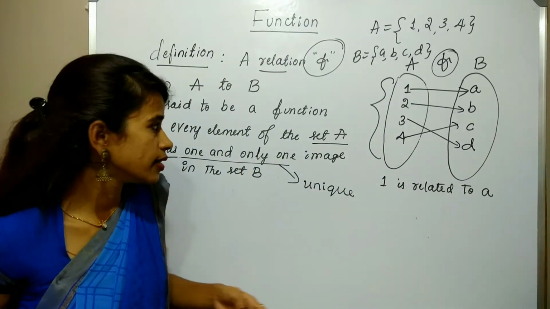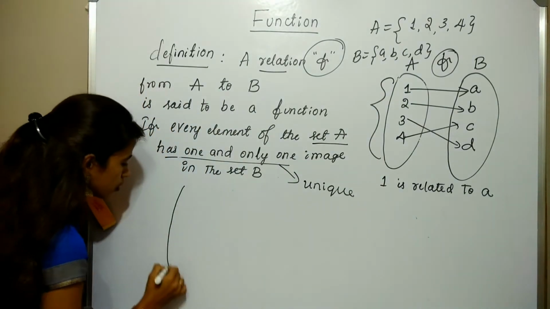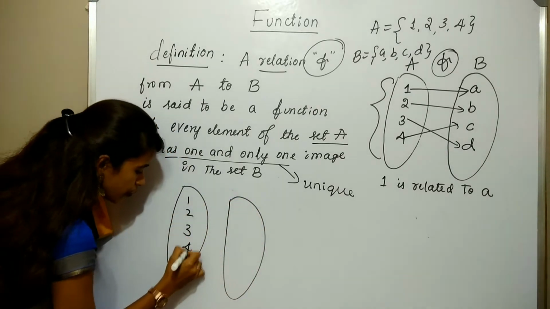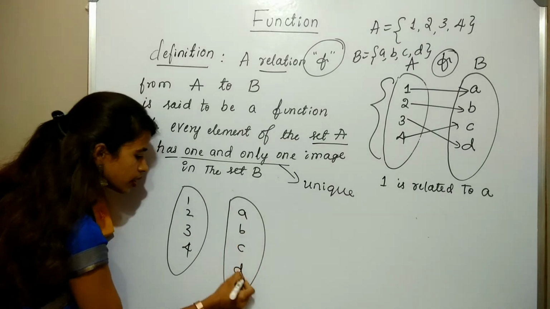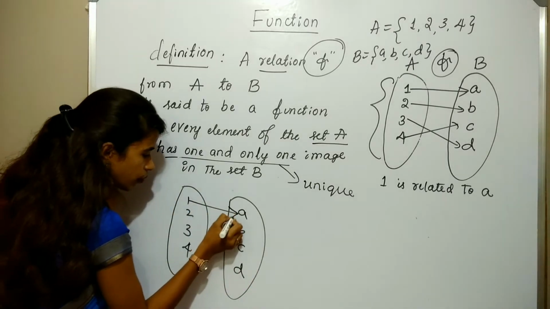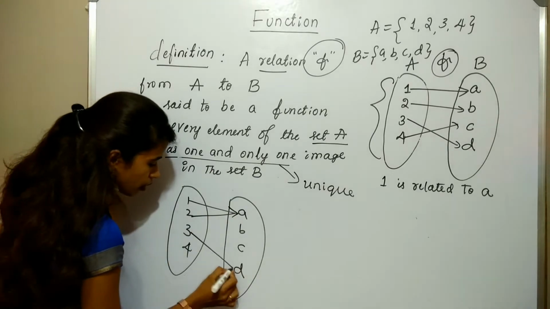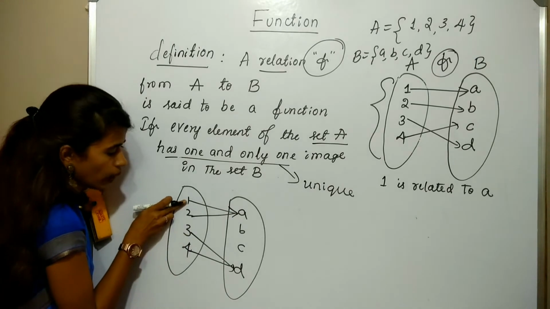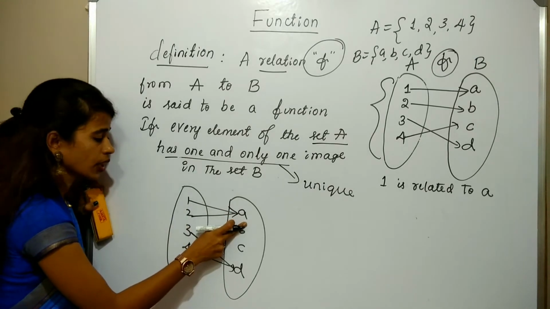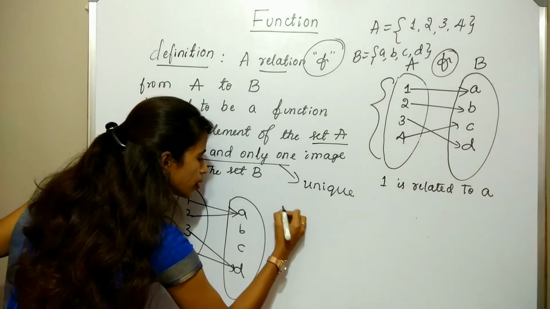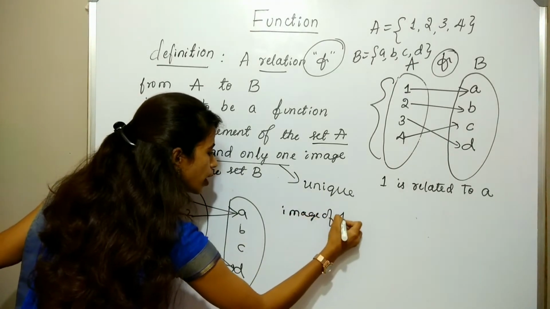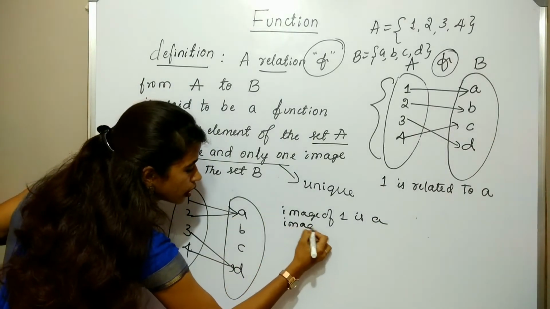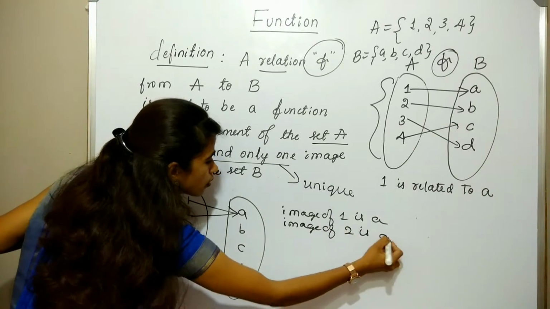Now I am taking another example with the same sets 1, 2, 3, 4 and a, b, c, d. Here 1 is related to a, 2 also to a, 3 to d, and 4 also to d. If I take 1, the image of 1 is a. The image of 2 is also a.